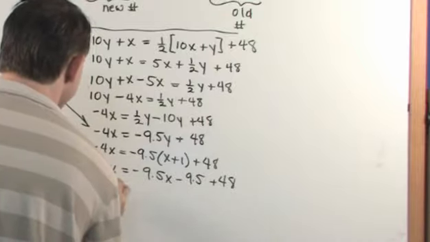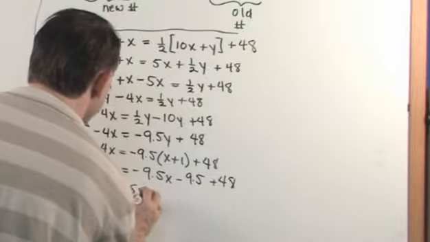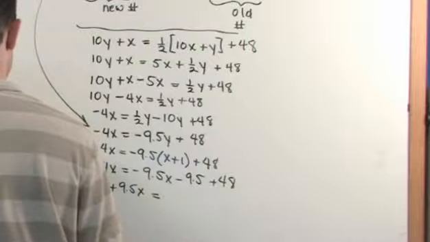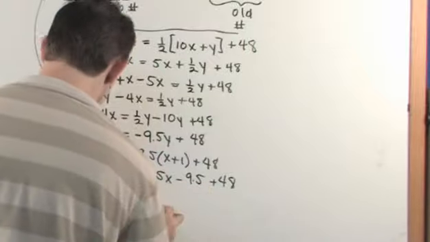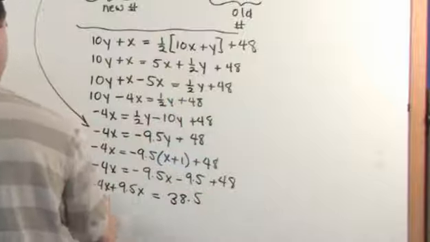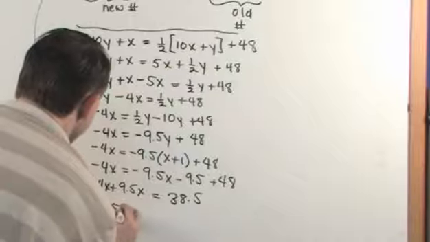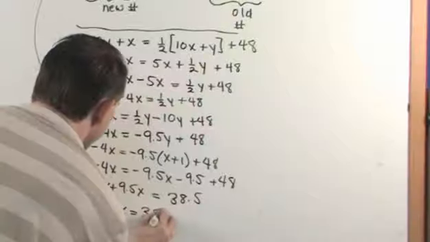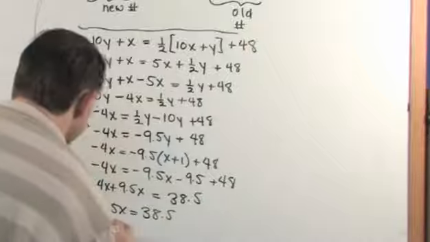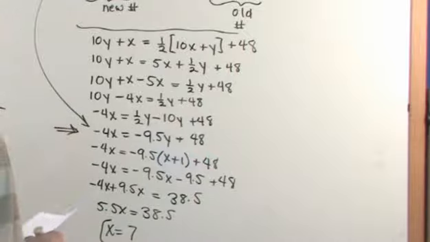So we have negative 4x plus 9.5x is equal to, on the right hand side, negative 9.5 plus 48, which is 38.5. On the left, when you add these two things together, you get 5.5x is equal to 38.5, and then to solve for x, you divide both sides by 5.5, which gives you 7. So that's one of the digits, 7.